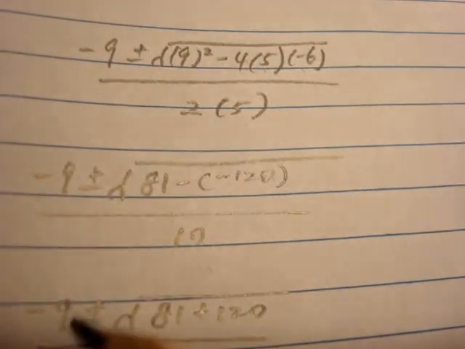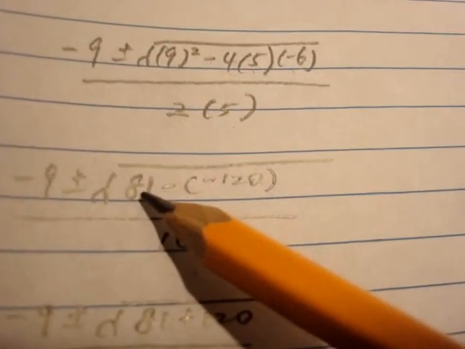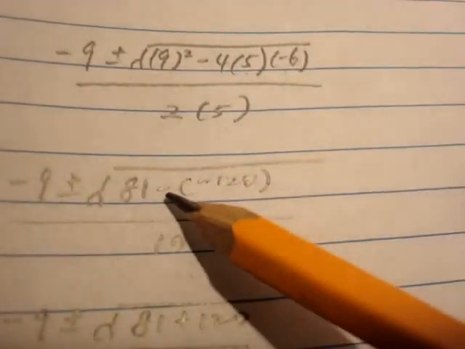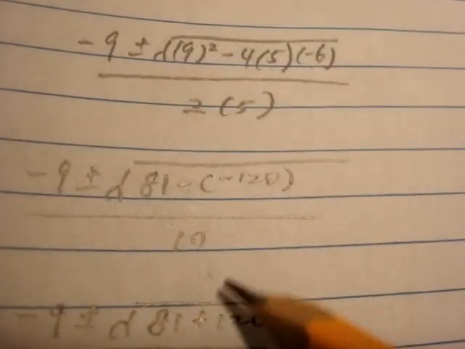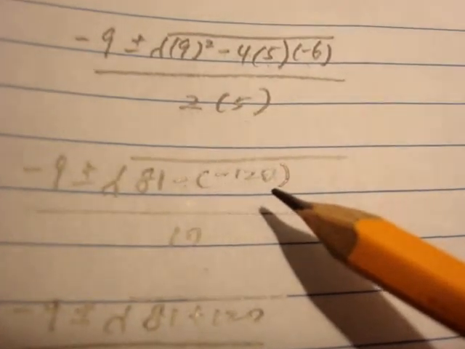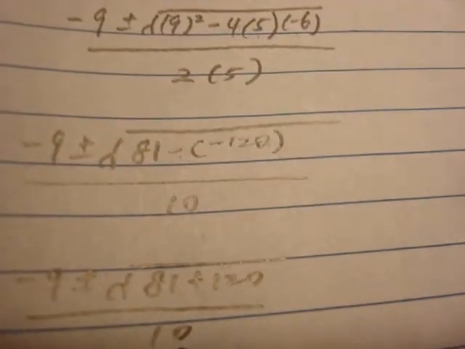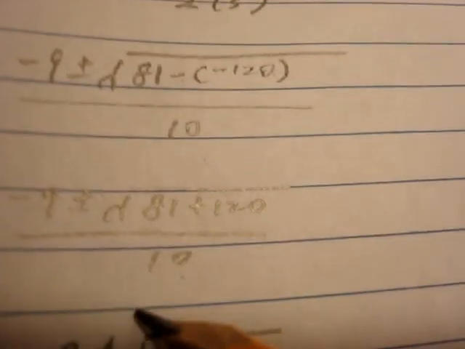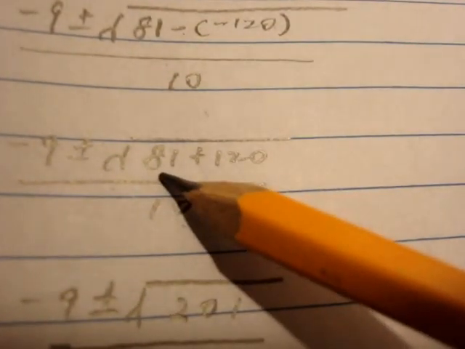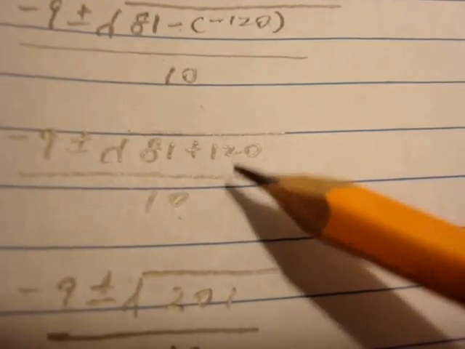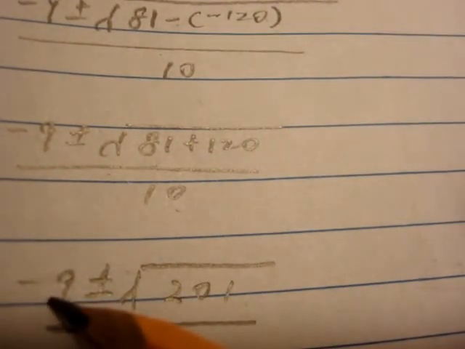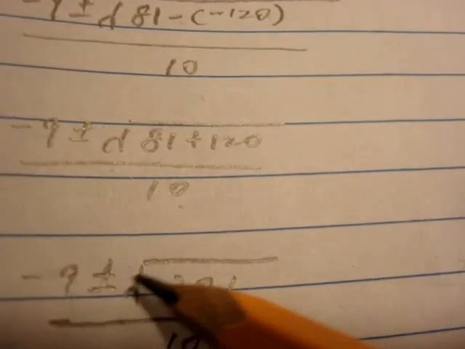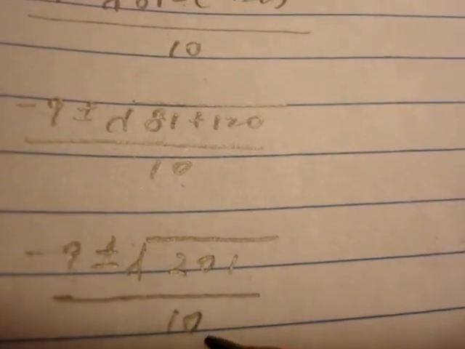So this one's the same, this one's the same. Radical 81, the negative times a negative will become positive. So it's positive 120 divided by 10. 81 plus 120 will be 201. So it will be -9 plus or minus radical 201 divided by 10.